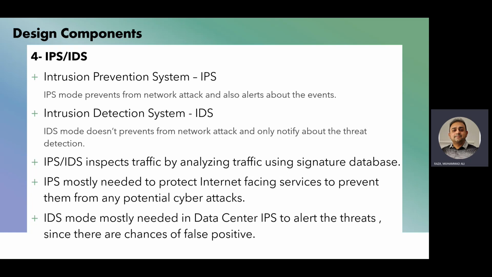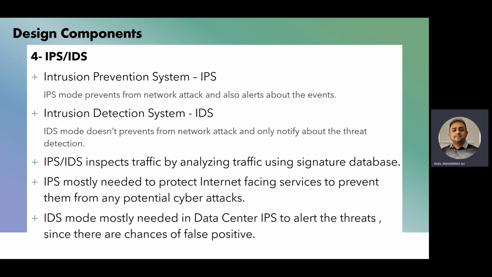IPS IDS: the intrusion prevention system provides prevention as well as alerting, and the intrusion detection system doesn't provide prevention, however it does notify about threat detection. So IPS IDS inspects the traffic by analyzing it using the signature database, and IPS we mostly enable over the internet firewall, either deployed next to the internet firewall or within it. That capability needs to be enabled on the internet firewall.